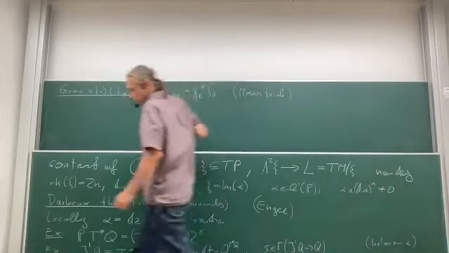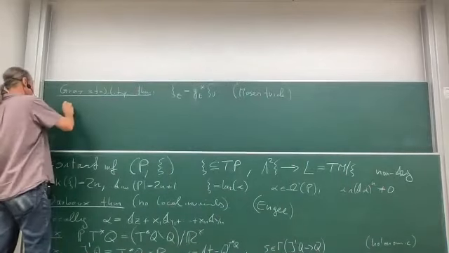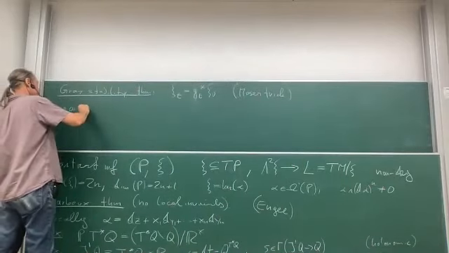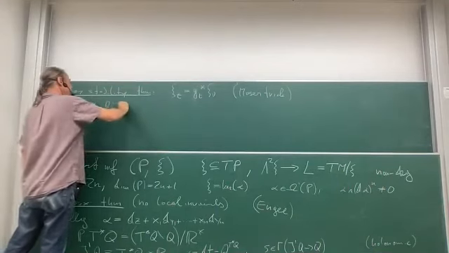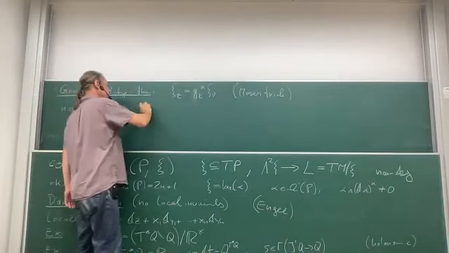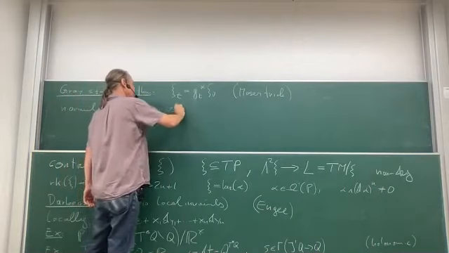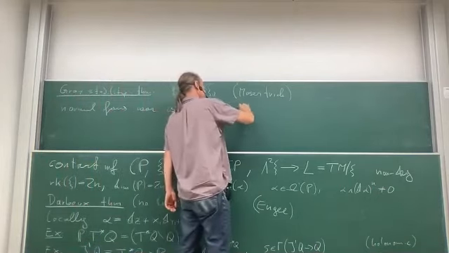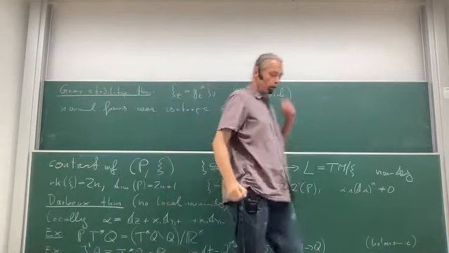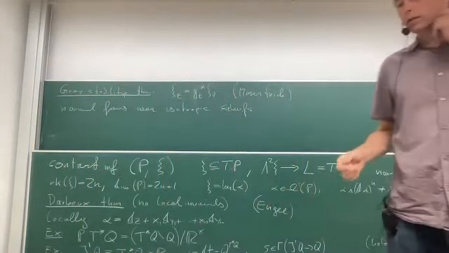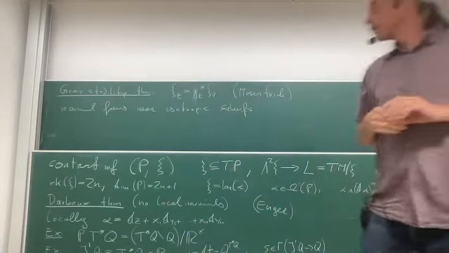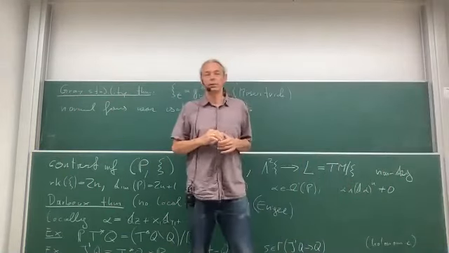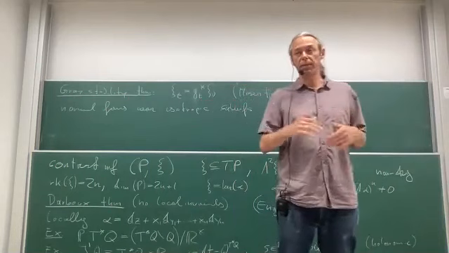And the last thing I'd like to mention is that we have normal forms near isotropic submanifolds, in particular near Legendrian submanifolds, these isotropic submanifolds of maximum dimension n.